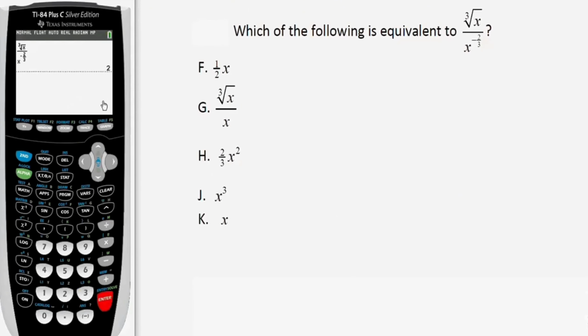So we have it to be what? 2 as the output. Alright, so right now we're going to simplify the options. Alright, any one that happens to give us 2 will basically be the answer to this question. Alright, so it's as simple as this.